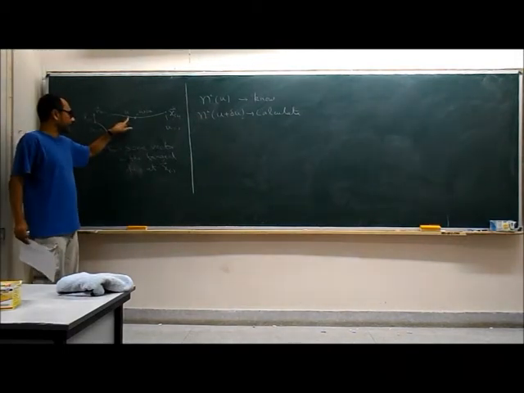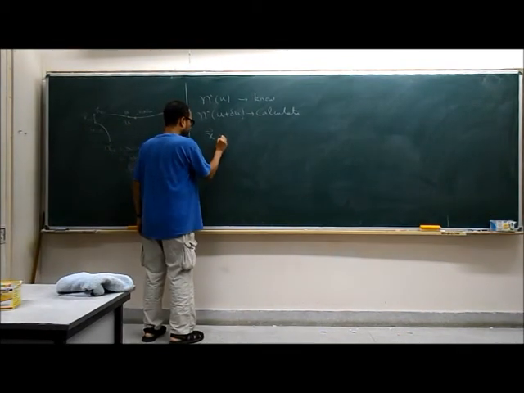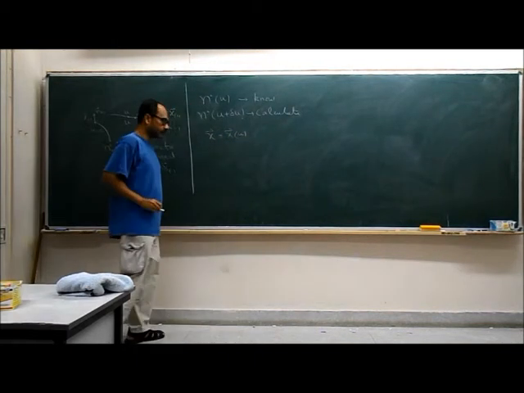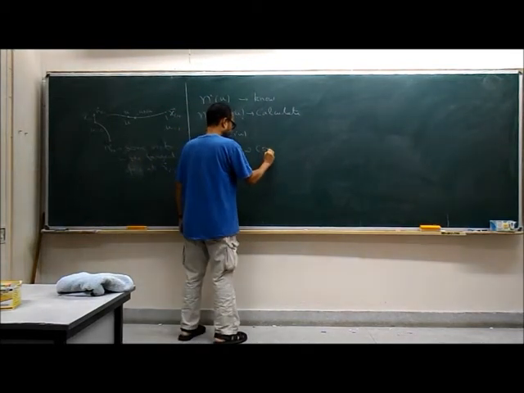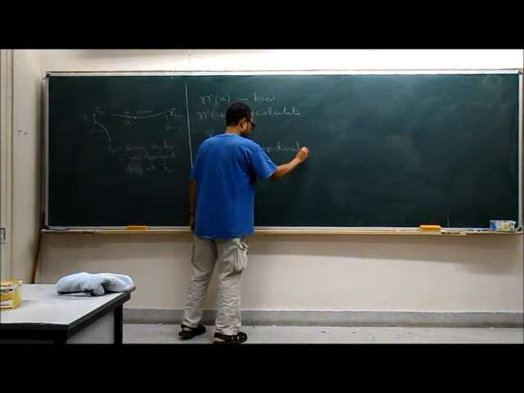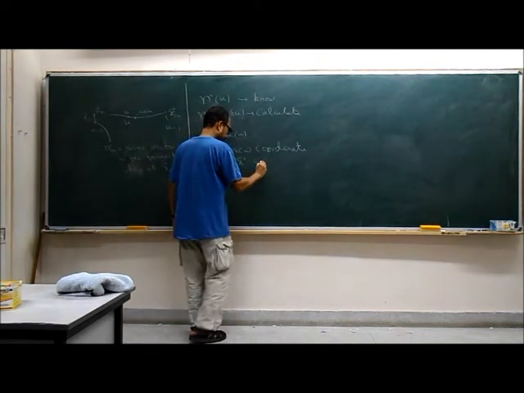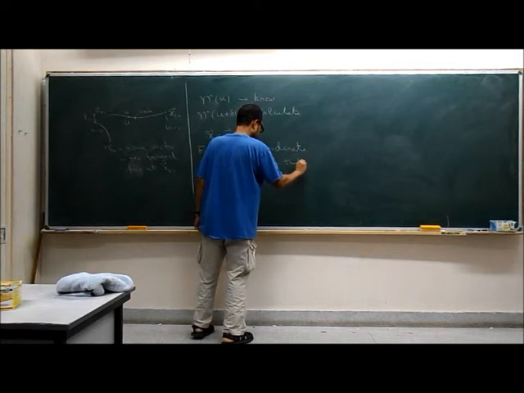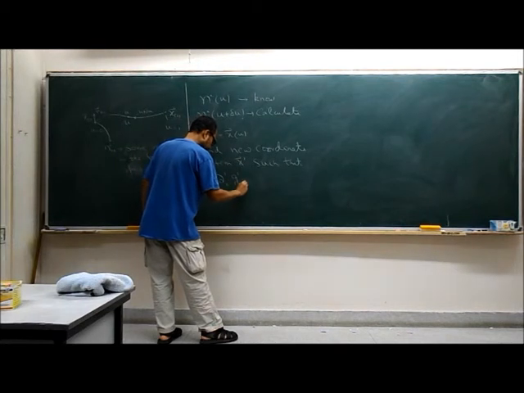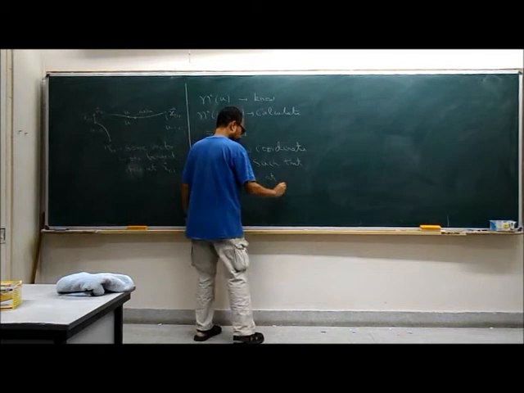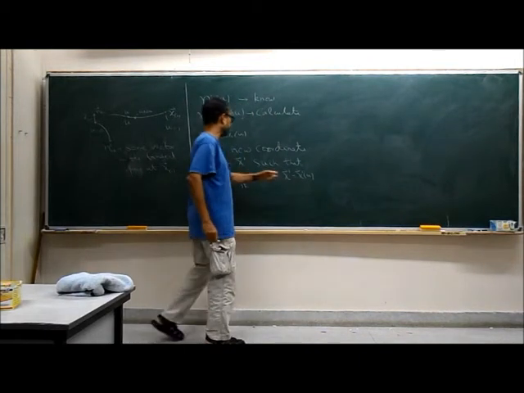So since we want to parallel transport from u to u plus delta u, we go to this point x, which I will define as x of u, and find a new coordinate system, x prime of u, which is nothing but the image of this x of u.